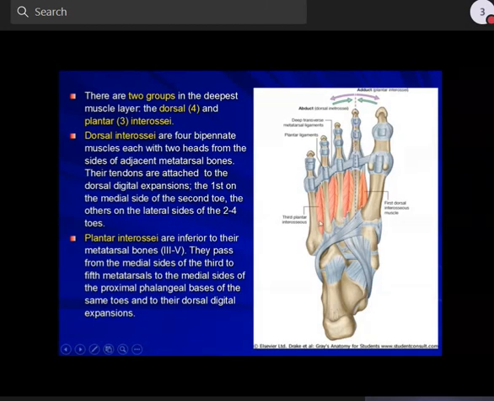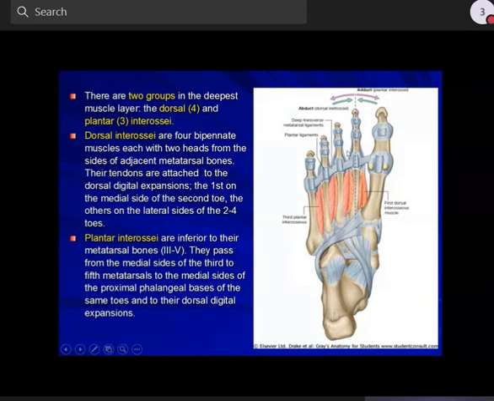Like in the hand, we usually have 3 plantar interossei muscles. So this one is very atypical, anomalous. Oh, dorsal. So dorsal is good. So plantar, 3 plantar interossei muscles, and 4 dorsal interosseous muscles.